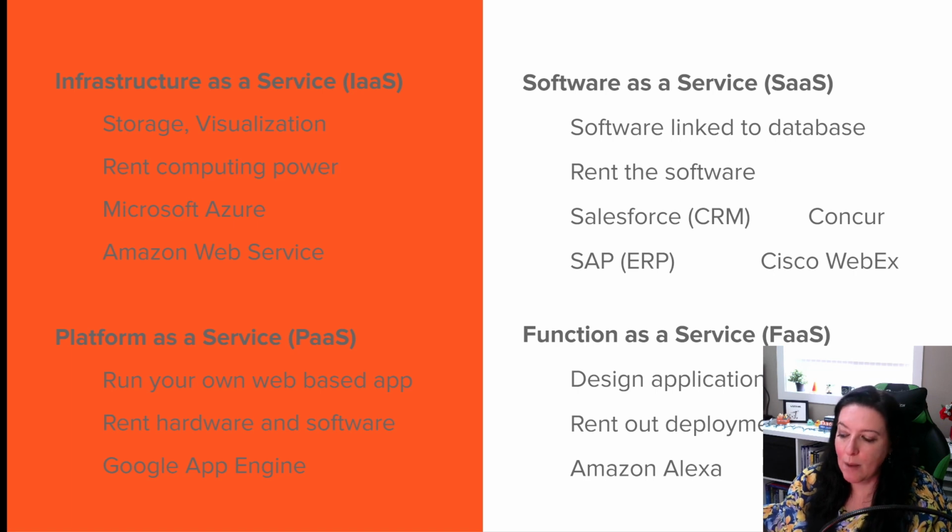So it's the entire application and it is turning that into action. And so they're renting out the actual deployment of these models that are built. So you can get different things from your cloud computing.